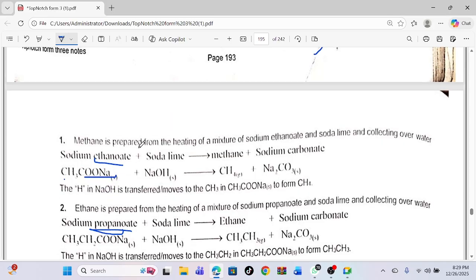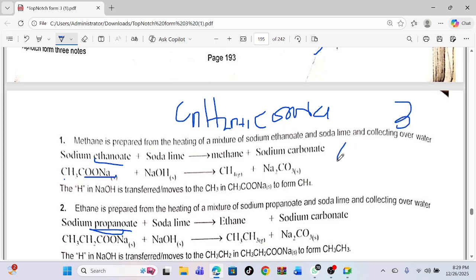So sodium propanoate, since the formula is CnH2n plus 1, kuna. Propane ni isiniwe iko na carbon 3, lakini I will say minus 1. So itakuwa 2. So it will be C2H, 2 times 2 itakuwa 4 plus 1 itakuwa 5, H5 kuna.